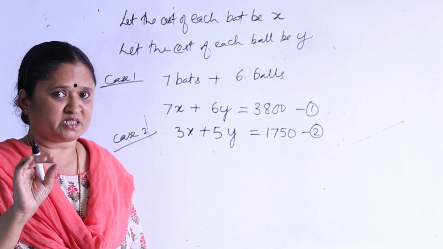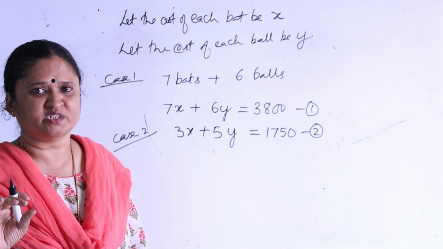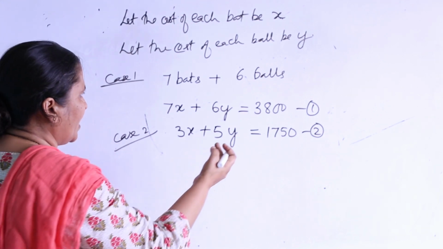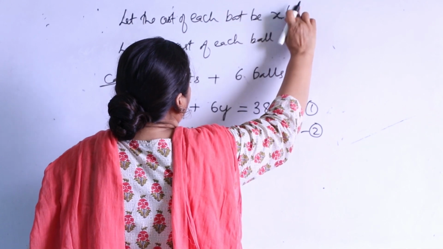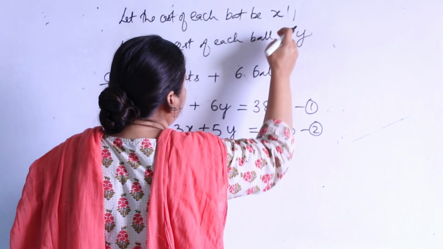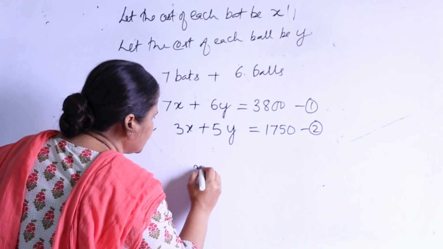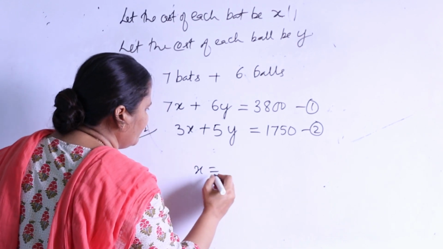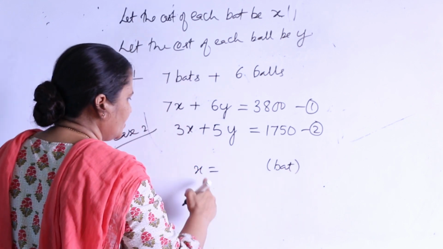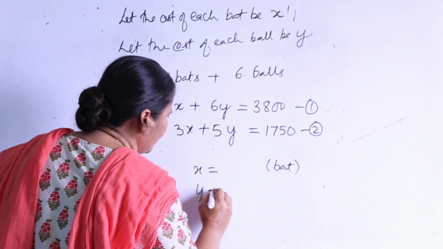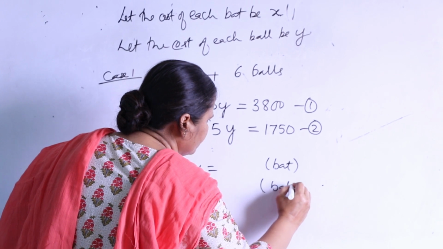When you solve for x and y, you should be very, very careful when you write your conclusion statement. It's compulsory for you to write the conclusion statement. Whatever value you get for x, don't forget to write properly. As soon as you get your x value on solving, you say bat. Here x, and as soon as you get y value, you say y.